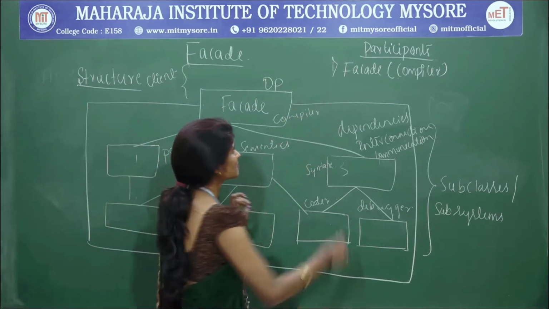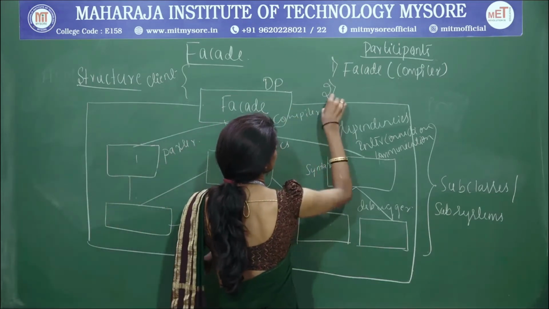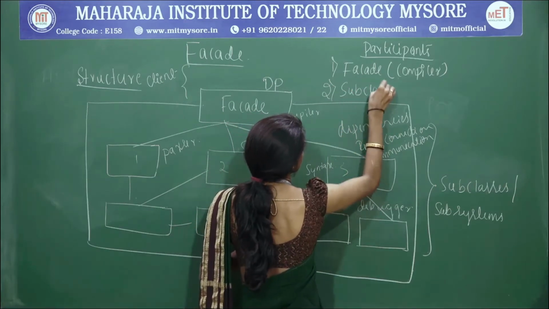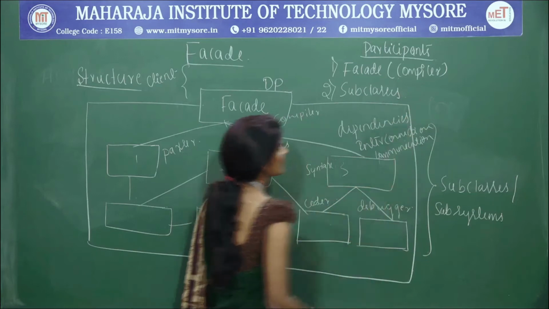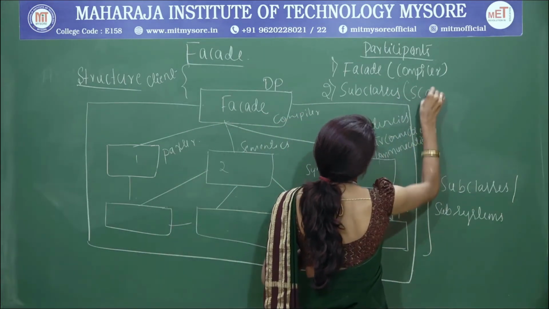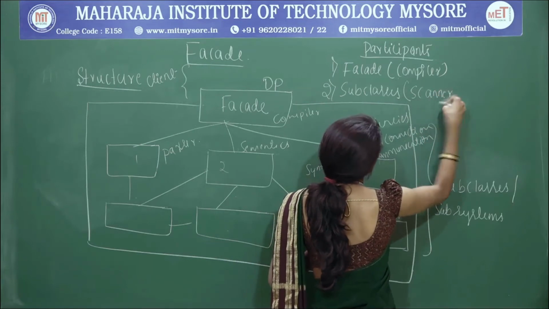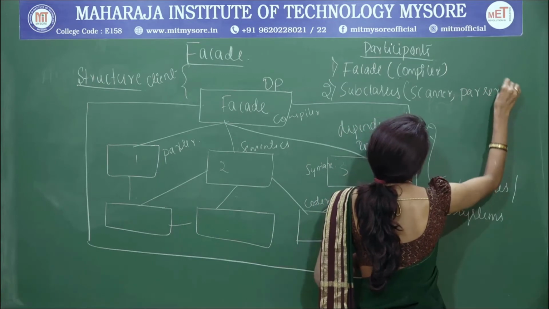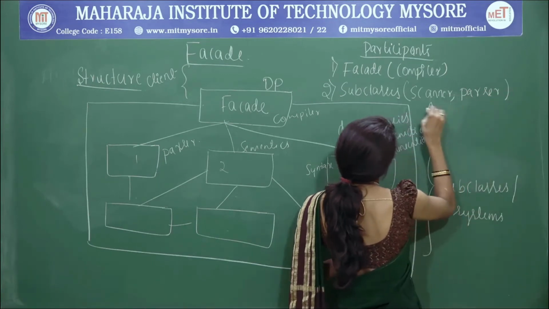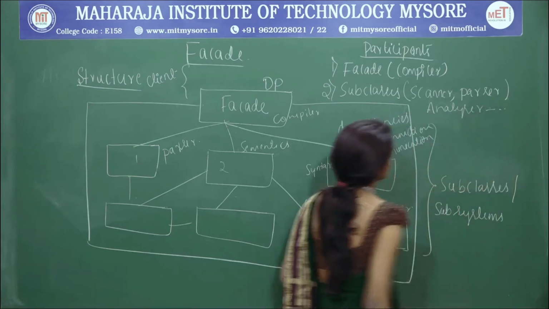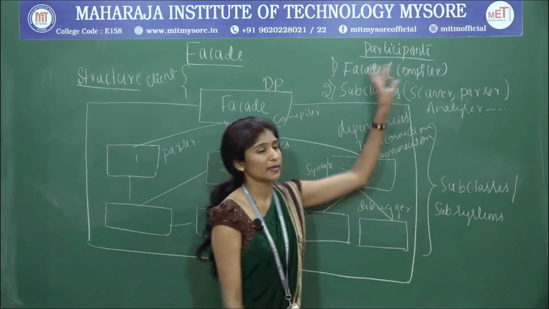So I will see the next participant, that is subclasses. For this example you can take scanner, parser, and even analyzer, and so on. That will come under the compiler.